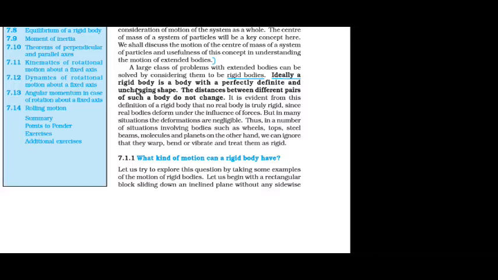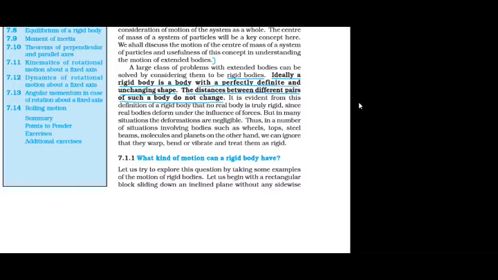Ideally, a rigid body is a body with a perfectly definite and unchanging shape. The distances between different pairs of such a body do not change. So, by this definition, two things are being said.